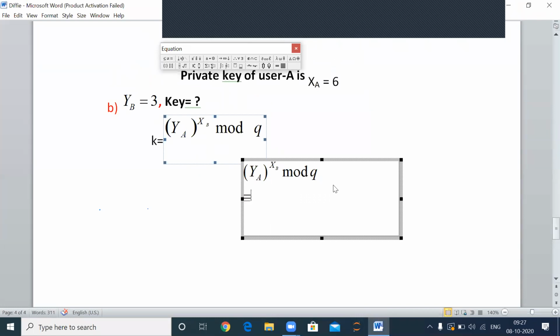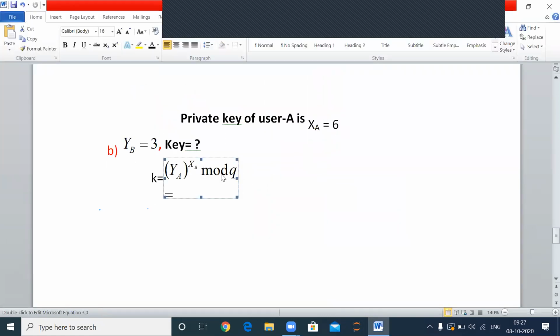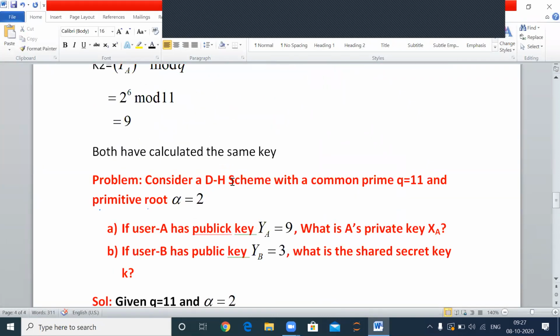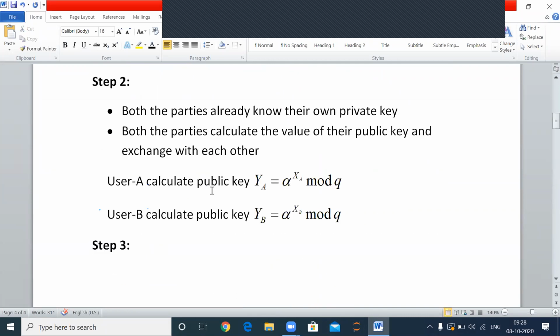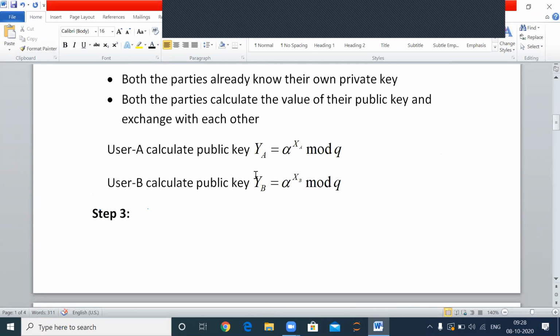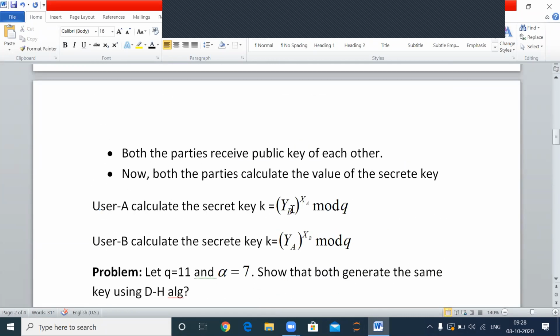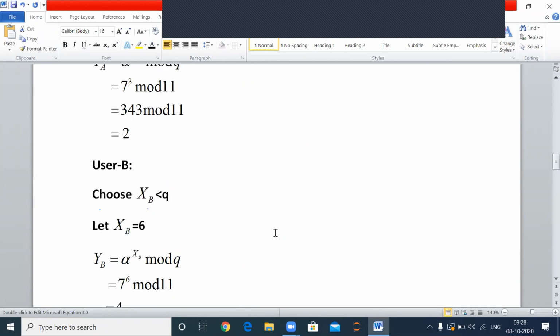But you know the public key of user B, so we don't use this formula. We will use the other formula, this one. That is how to calculate the user A secret key.